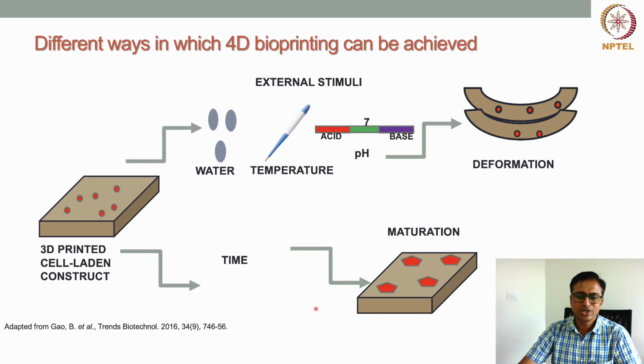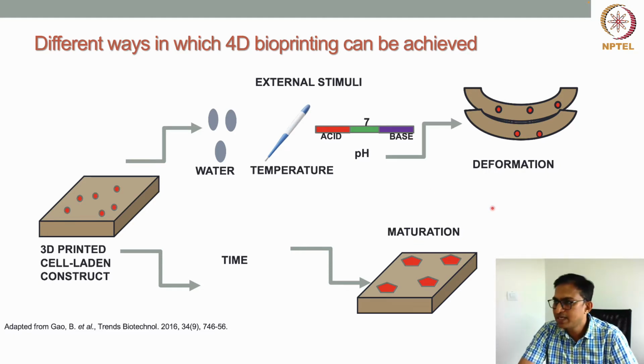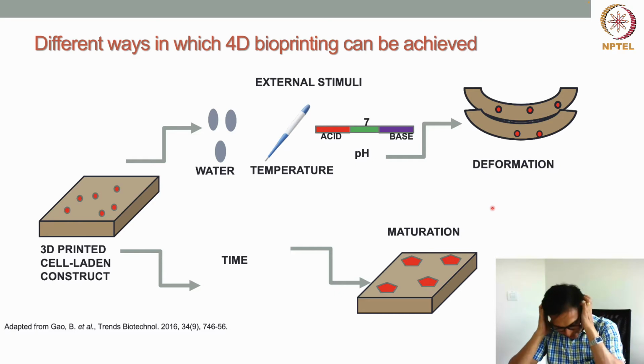The other thing, as we have discussed, is the maturation of the construct. Maturation is a process by which, depending on the cellular function, cells will grow in the structure, they will proliferate, they will mature, they will differentiate, or they will migrate.